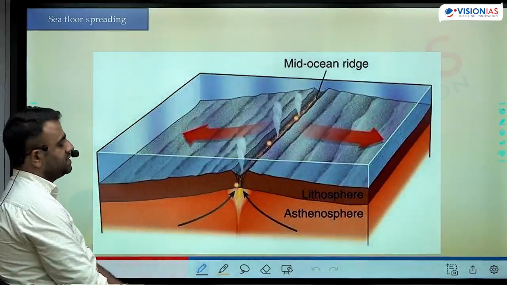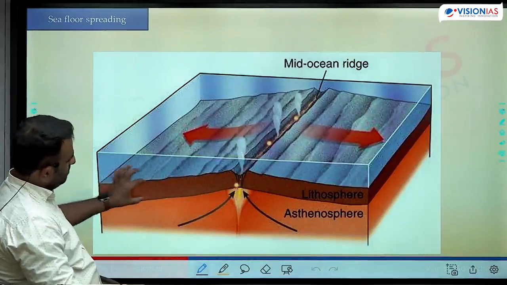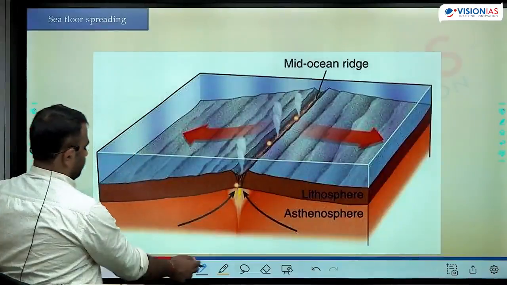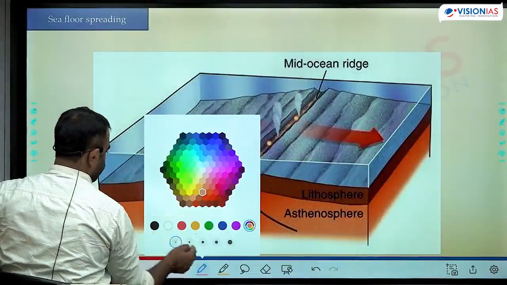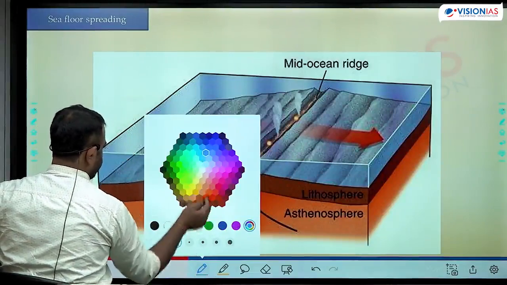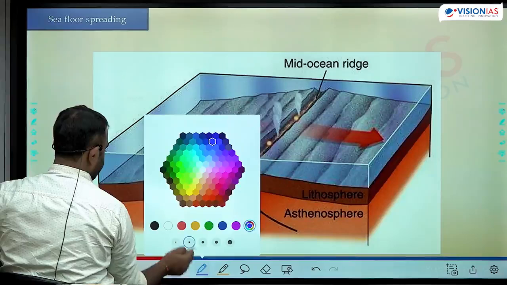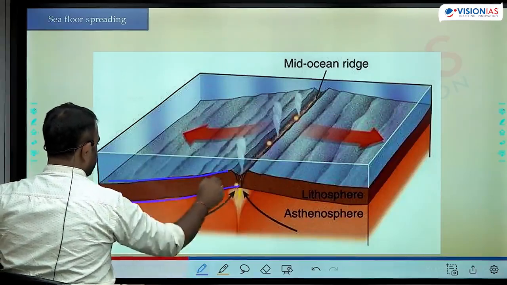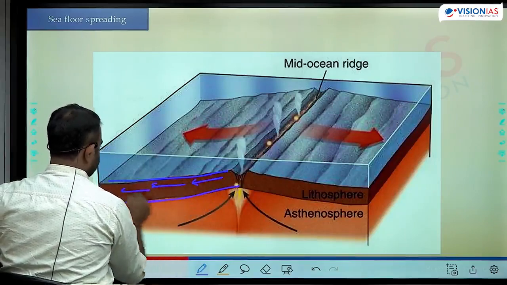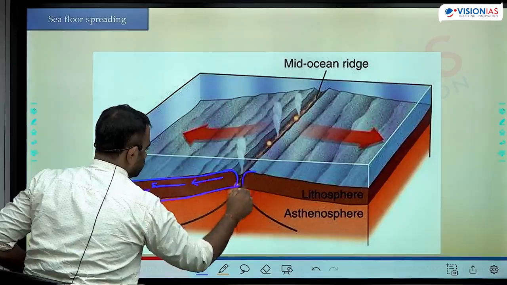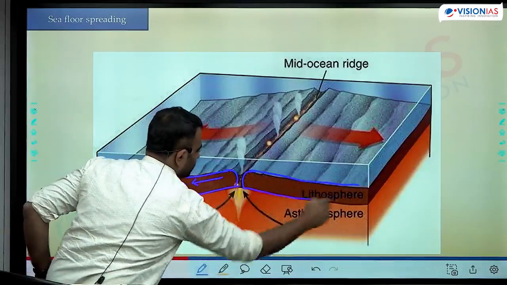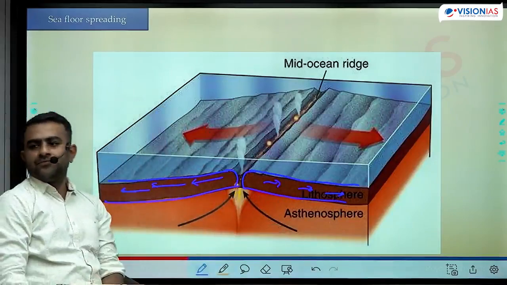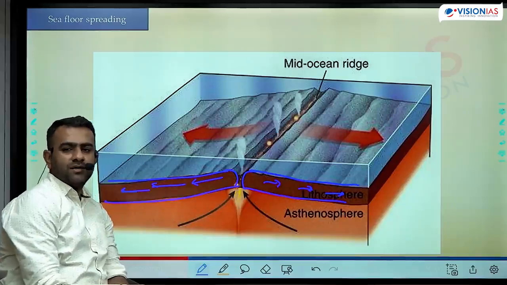Seafloor spreading theory says that the sea floor, this is the sea floor, the oceanic crust, is in a state of continuous movement. The entire oceanic floor is in a continuous state of movement.